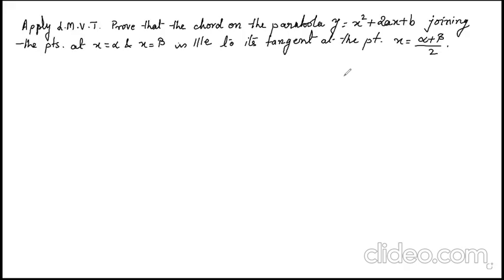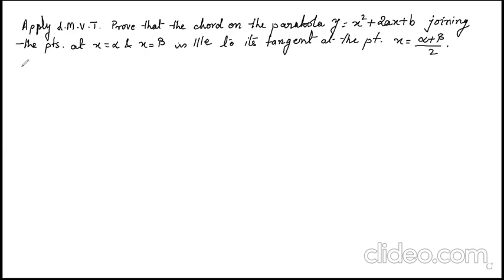According to it, we require to prove that alpha plus beta by 2 is your point c. So let us move on one by one. First, we are going to verify whether LMVT is satisfied or not, and then we will find the point c.